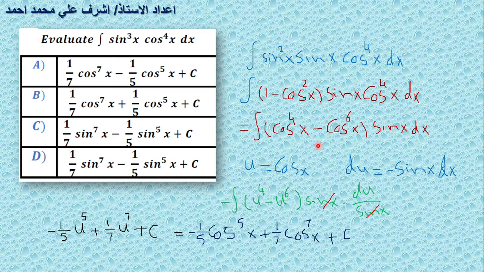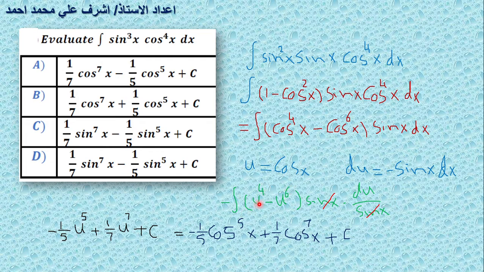Now we'll use the substitution technique. We'll suppose u equals cosine x, so du equals negative sine x dx. So dx equals du over negative sine x. We will substitute now: u to the power 4 minus u to the power 6, times sine x, times du over negative sine x. We eliminate sine x with sine x, and we'll get the integral of u to the power 4 minus u to the power 6 du.